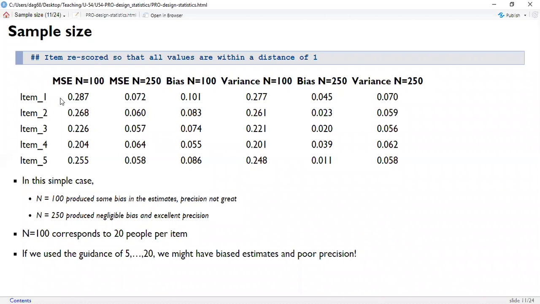So I've done that here for 2 conditions, a sample size of 100 and a sample size of 250. The 2 columns to the left here, the MSEs, stands for mean squared error, which is a summary measure of the amount of bias as well as variance. It's actually the square of the bias plus the variance.